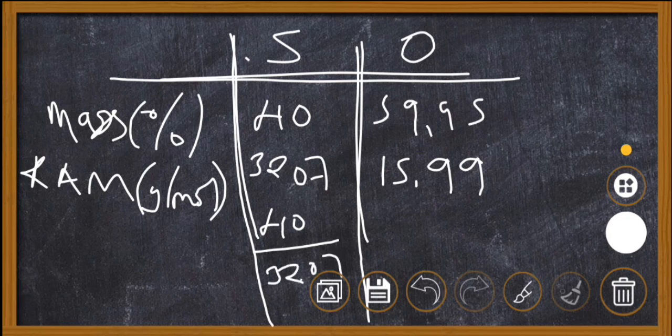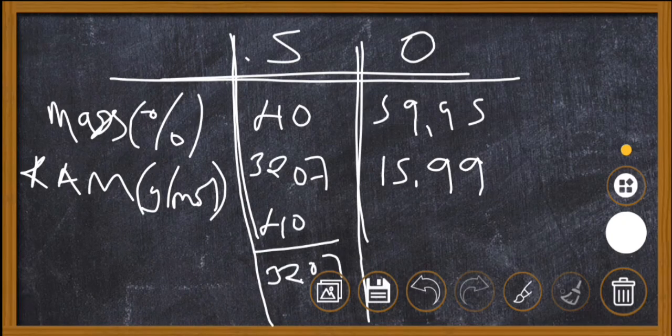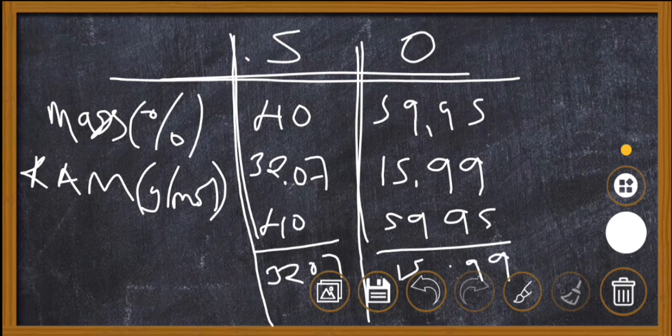My apologies, 32.07. Even here we have 59.95 divided by 15.99. Let's divide these values so that we see what we are going to have.